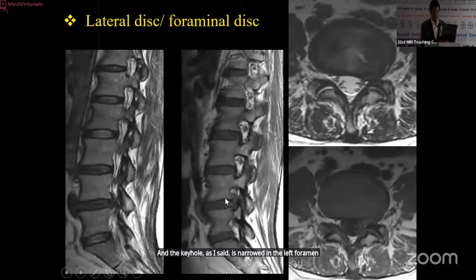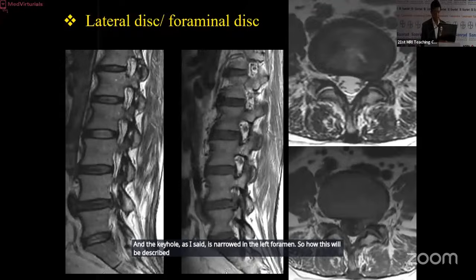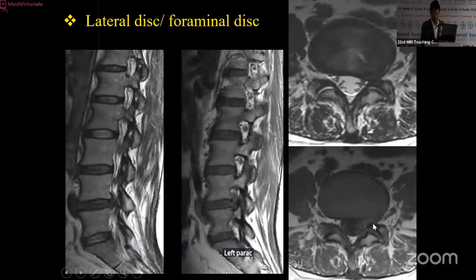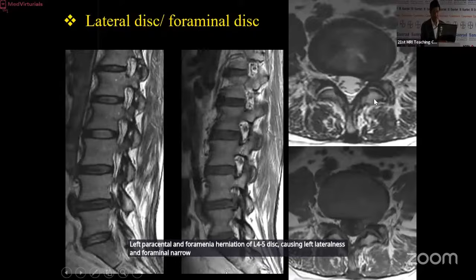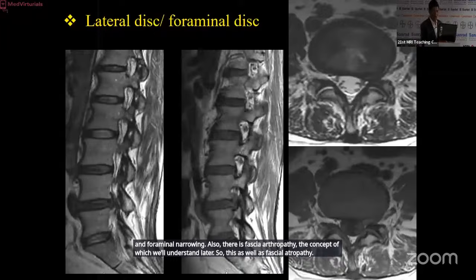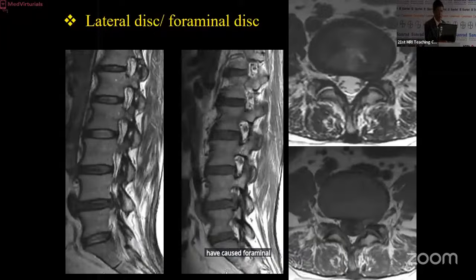So this will be described as left paracentral and foraminal herniation of the L4-5 disc causing left lateral recess and foraminal narrowing. Also, there is facet arthropathy, the concept of which we'll understand a little later. So this, as well as facet arthropathy, has caused foraminal narrowing at the L4-5 level in this patient.